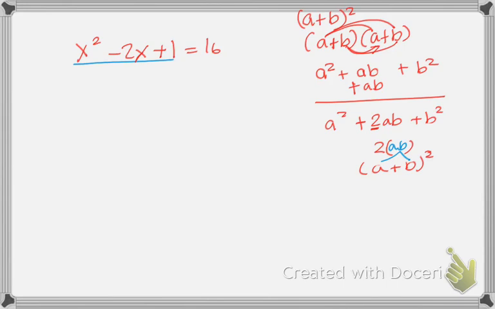We got one ab here and one ab here. So a plus b squared is equal to a squared plus 2ab plus b squared. I'm noticing this is a perfect square and this is a perfect square.